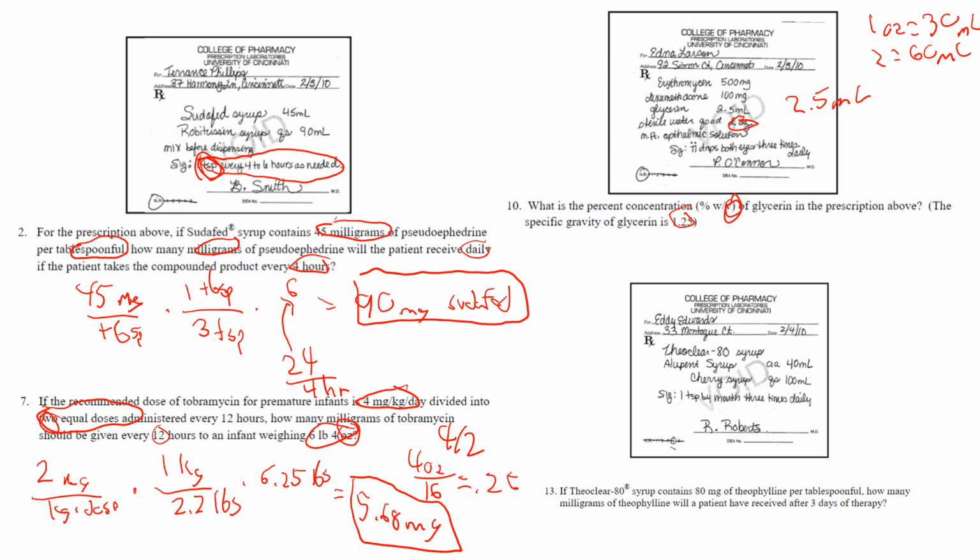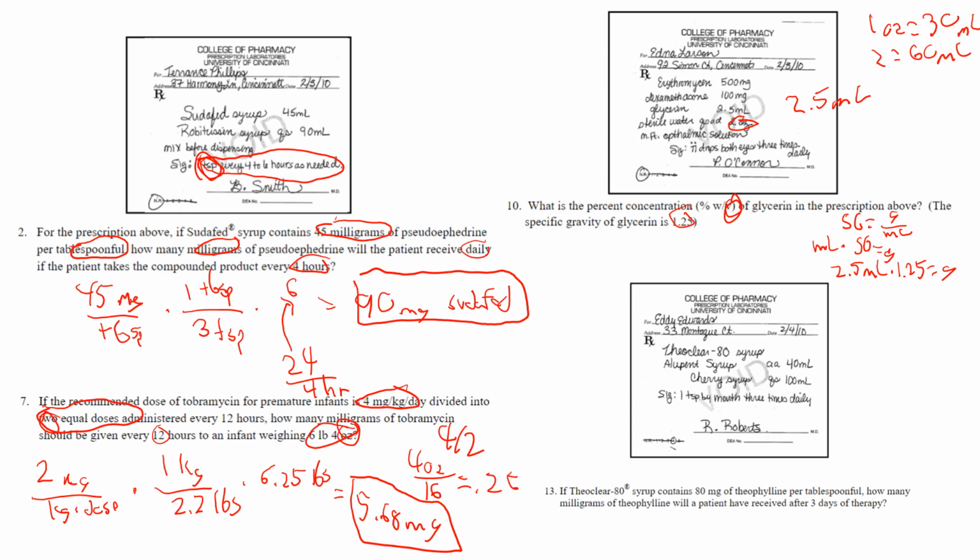We have to set up our specific gravity equation. So Sg equals grams over milliliters. And we do have our volume in this case, so this time we need to rearrange the equation. Sg times milliliters equals grams. We have 2.5 milliliters times 1.25 specific gravity equals grams.